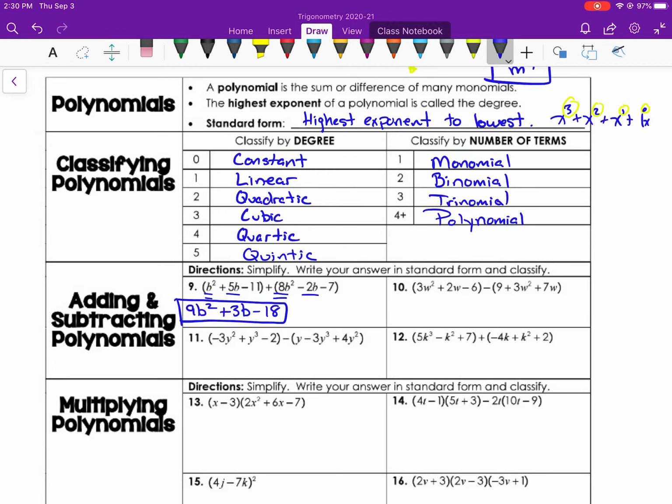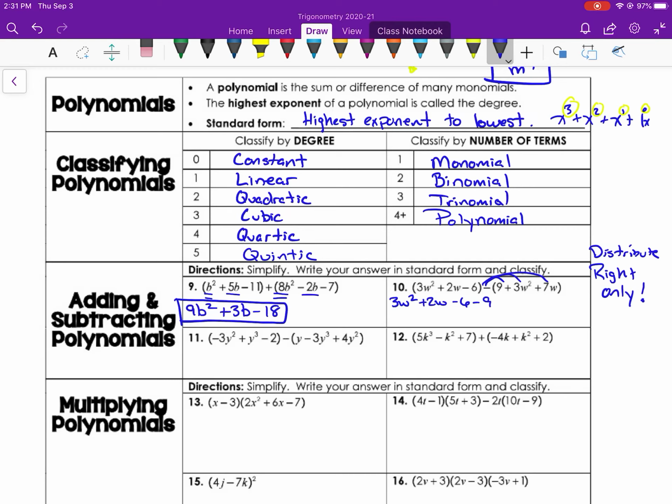Then we get to the subtraction, which is a little extra step. It's not too bad. You're going to distribute the negative to the right, and to the right only. A lot of students mess that up and want to distribute everywhere. So I'm going to rewrite it: 3w squared plus 2w minus 6 minus 9.